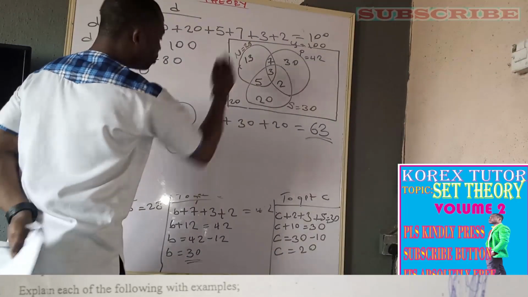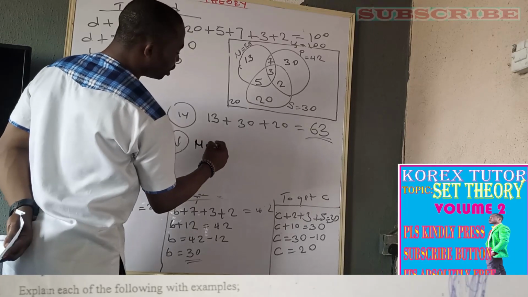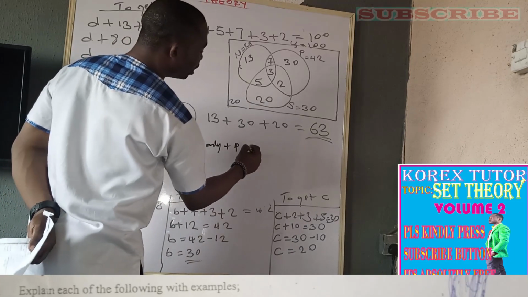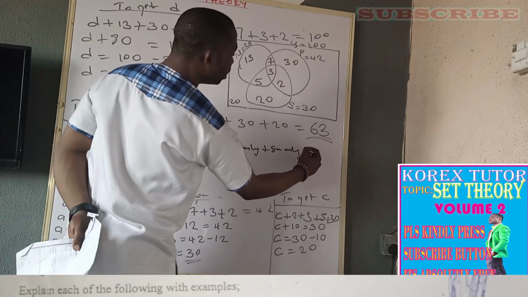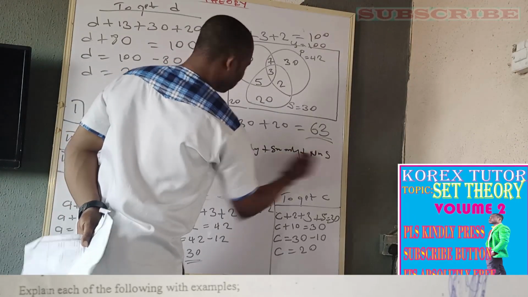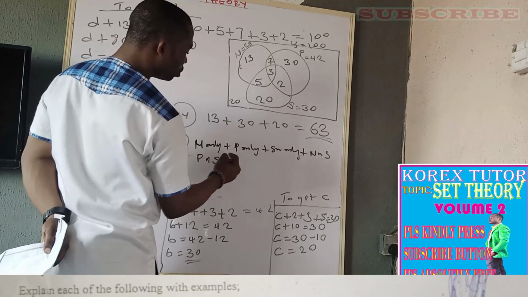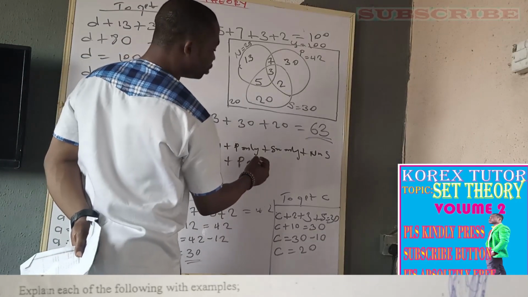Very simple. That is Nation only plus Punch only plus Sun only plus Nation and Sun plus Punch and Sun plus Punch and Nation.